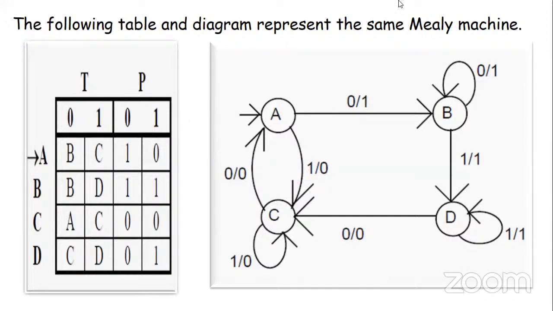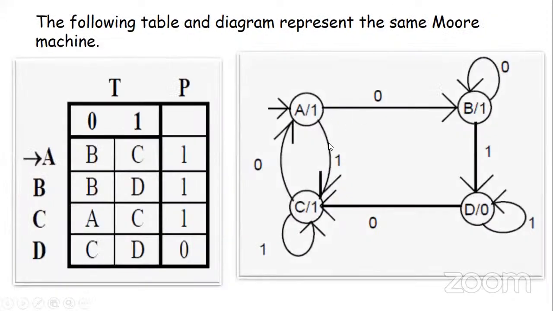Then we also looked at the Moore machine, which has its output on the state. So the output is not dependent really on the transition.